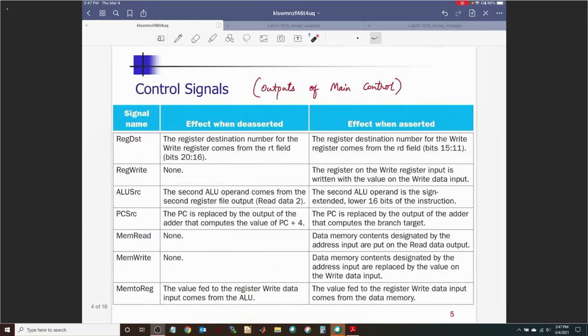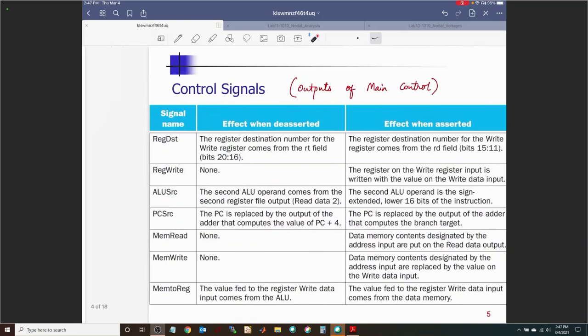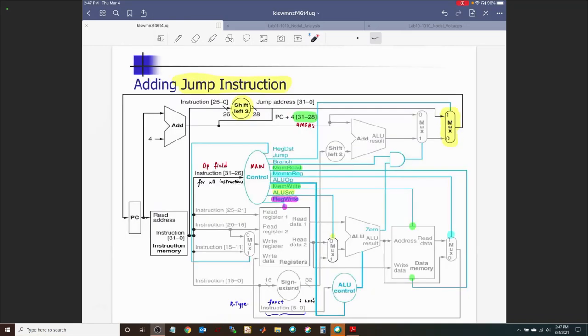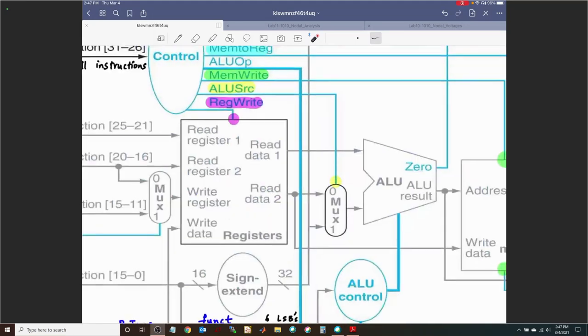All right, ALU source. Again, this is a MUX control over here. Where is ALU source? ALU source is right there. So when it is not asserted, what would be the effect? And when it is asserted, what would be the effect? When ALU source is not asserted, one of the operands that goes into the ALU is the read data 2. That's your second register, the contents of read register 2.